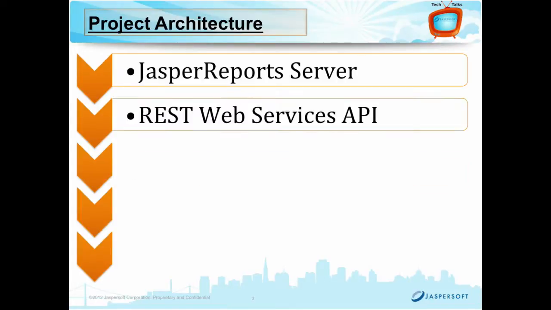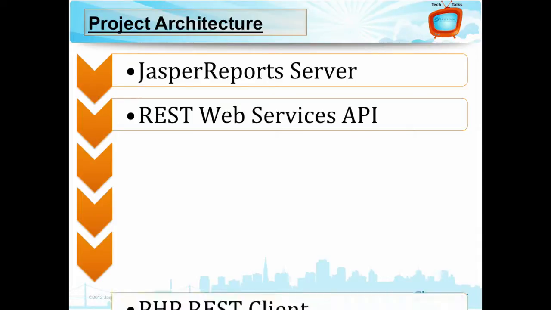Although you can still use it to administrate very easily. The next one is the REST Web Services API, which we use to communicate with Jasper Report Server in our application, and it allows us to pass information and objects back and forth.